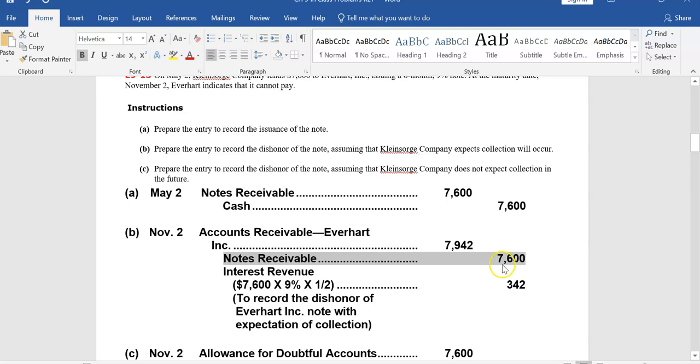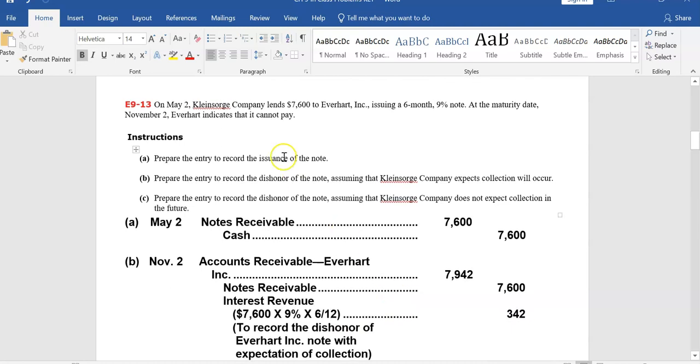However, Everhart doesn't just owe $7,600. Everhart owes the amount that they borrowed plus interest. The total interest that they owe is the face amount of the note times the stated interest rate, and it was a 6-month note, so half of a year. You could do the same fraction by doing 6/12 because we've been looking at it as the fraction of the year, but that's the same as 1/2, okay?